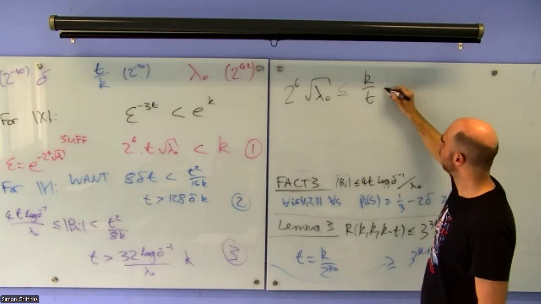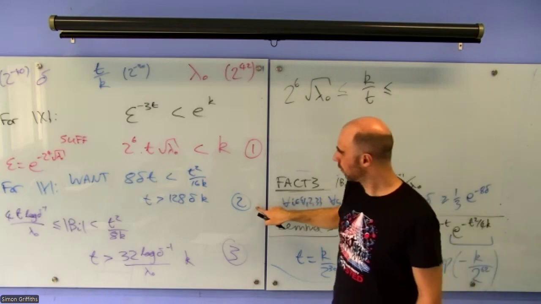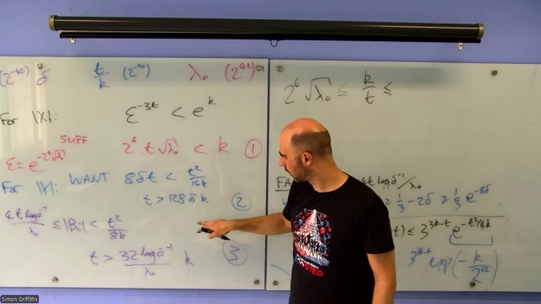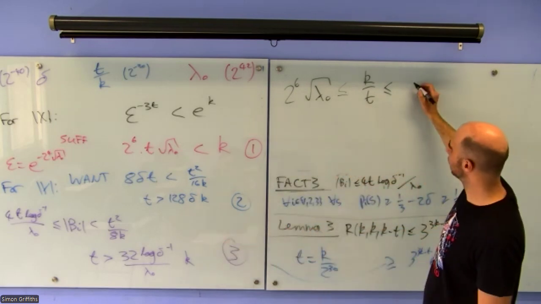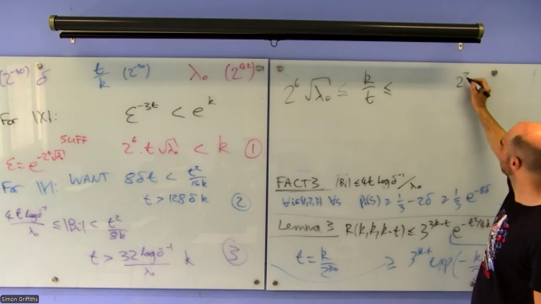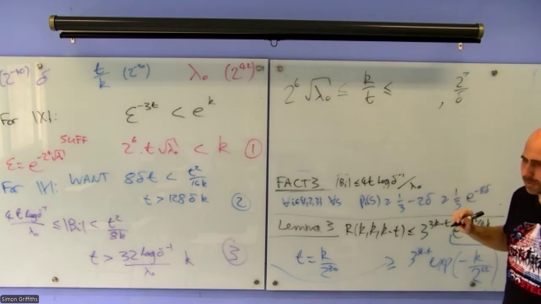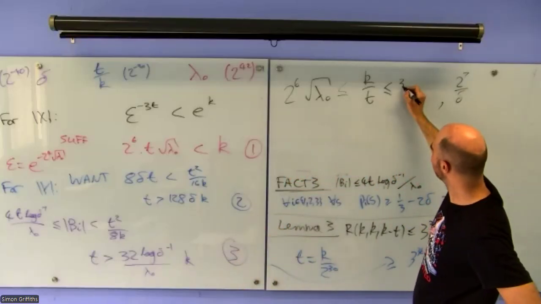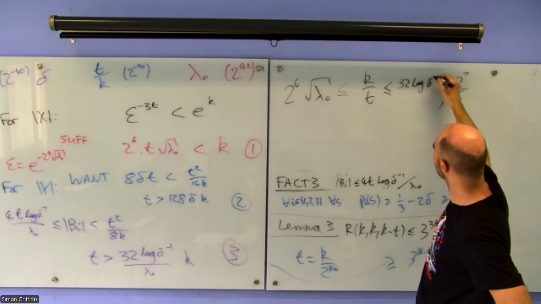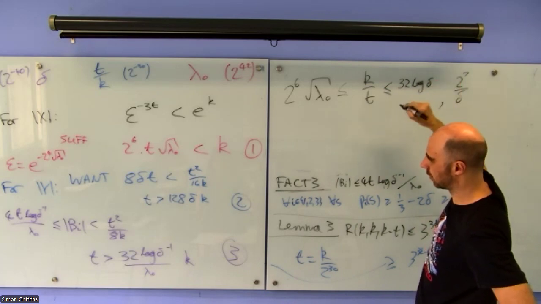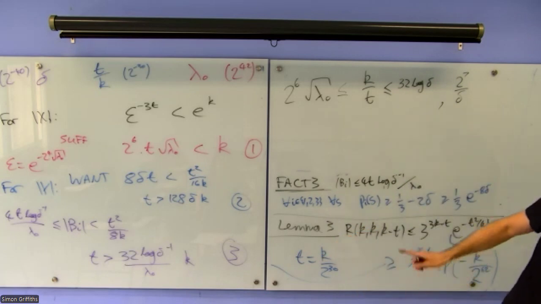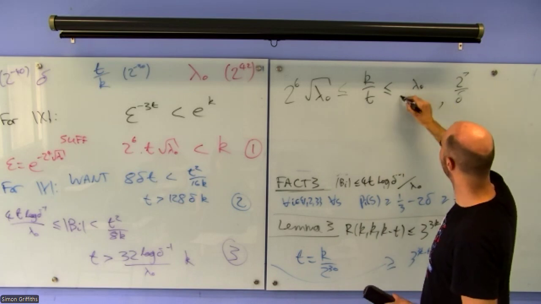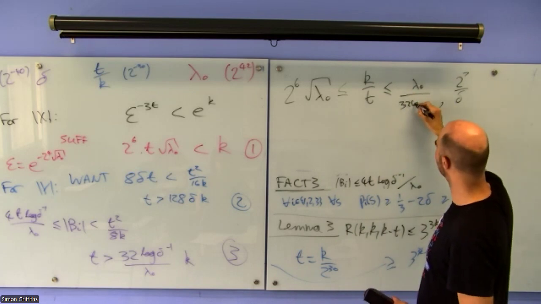For 2, you want k over t to be less than, was it 2 to the 7 over delta. And this one is k over t less than, no, sorry, the lambda is on the other side. Sorry, yeah, k over t less than lambda 0 over 32 log 1 over delta.